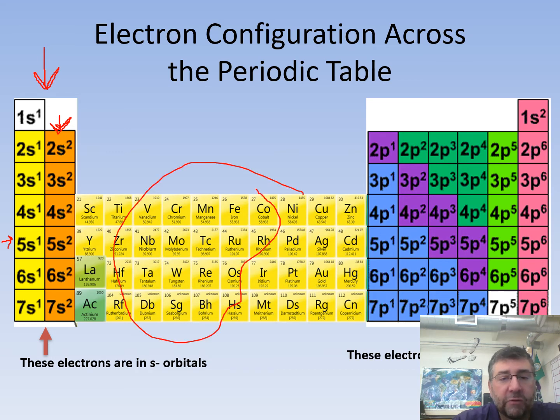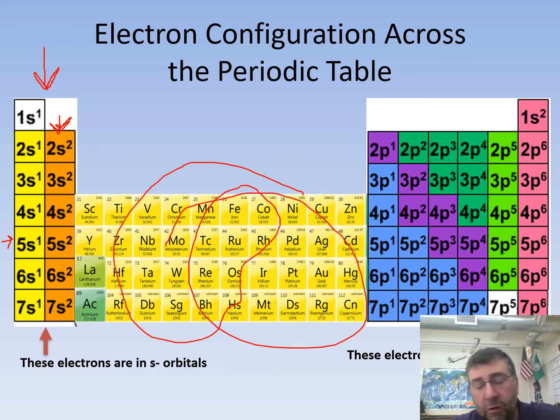Now we're going to skip this zone right here. That's for a whole different discussion later on, and we're just going to jump over to the p orbitals. So we call these the p orbitals, and it'll tell you how many electrons are located there. Well, there's 1 in that one, there's 2, there's 3, 4, 5, and then other than helium here, which is kind of an oddball, everybody in this last column has a full p orbital with 6 electrons in it.